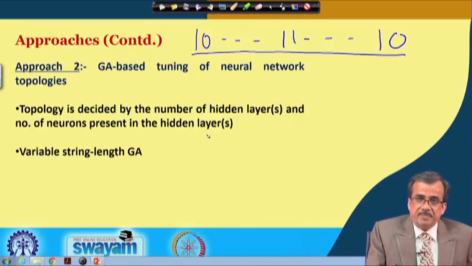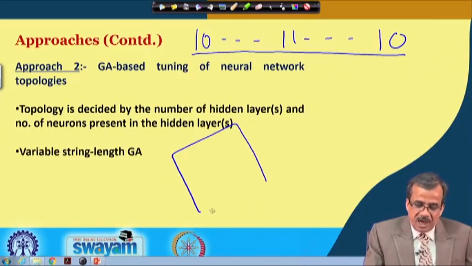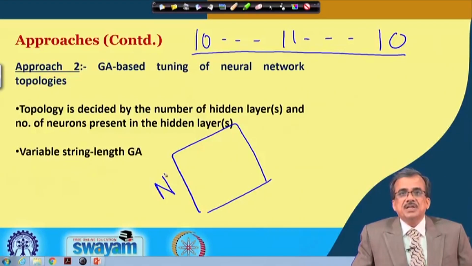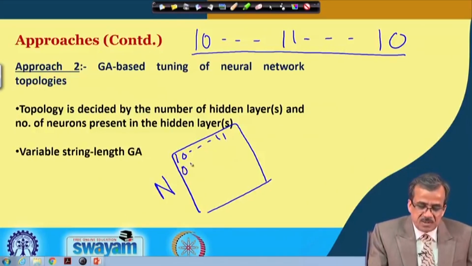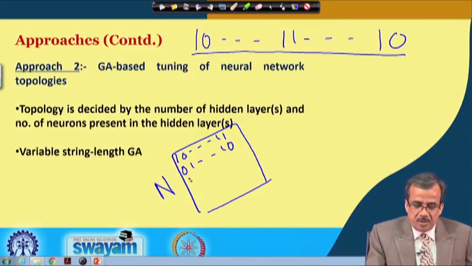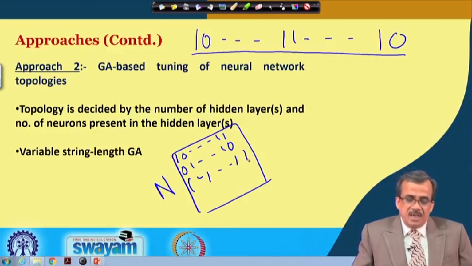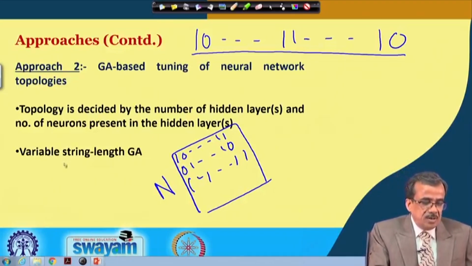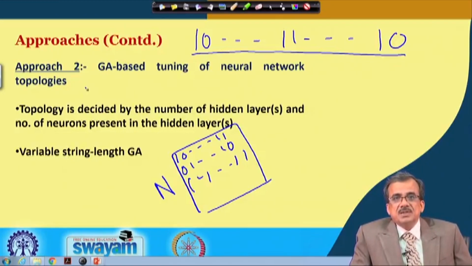Let me explain. Supposing that in the population of GA, we have a large number of solutions whose size is denoted by n, that is the population size. Here I have all such binary strings. Now, this approach 2 aims to optimize the topology or architecture of the network.